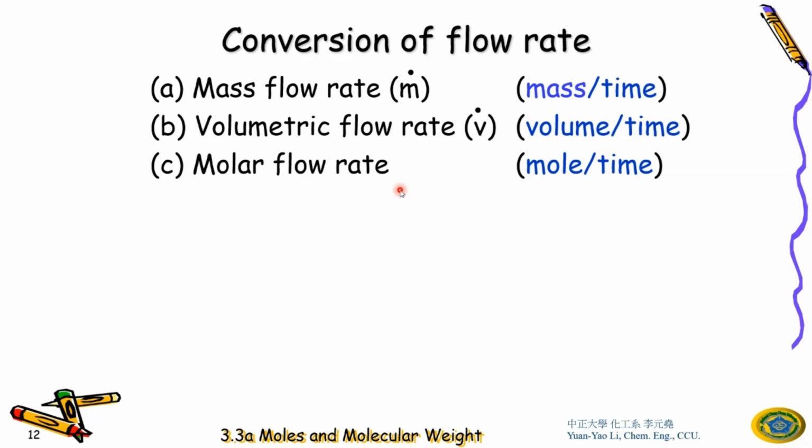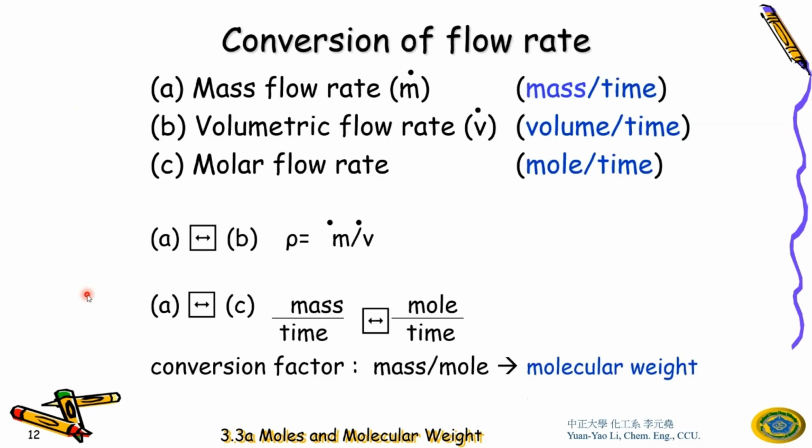If we have a rotameter here, for example, and you get data, you know the volumetric flow rate, you measure the volumetric flow rate. I say, well, don't tell me the volumetric flow rate, tell me the mass flow rate or molar flow rate.